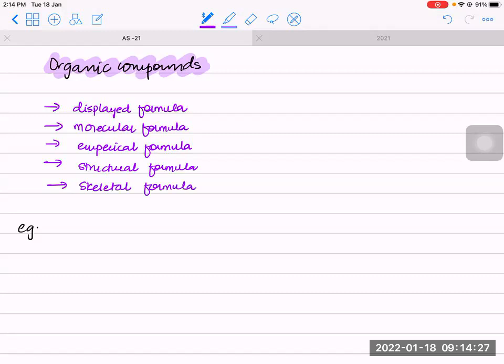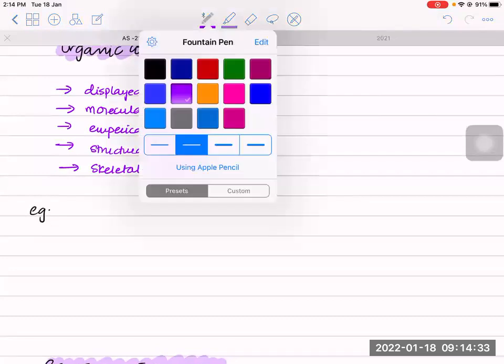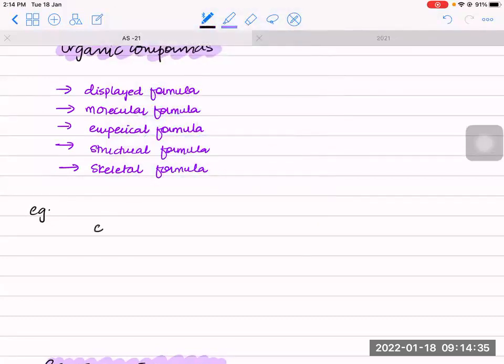Now, let's see how we represent organic compounds using the displayed formula. Let me take an example. This right here, C4H10, with all the bonds being displayed, is the displayed formula.